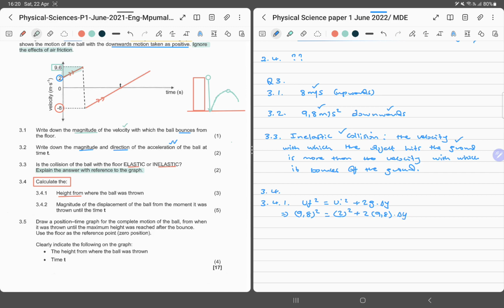In fact, you can put h, because they told us it's the height h. Therefore h is going to be 9,8 squared minus 2 squared, divided by 2 into 9,8.